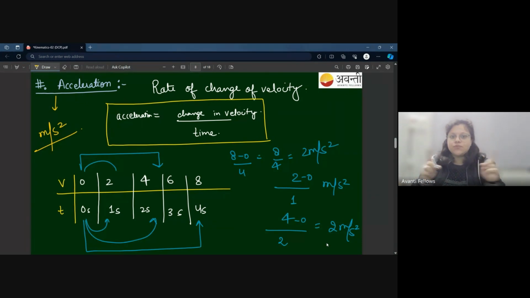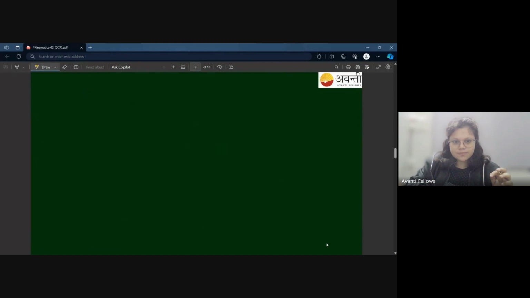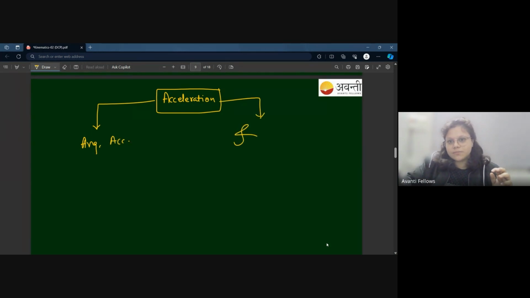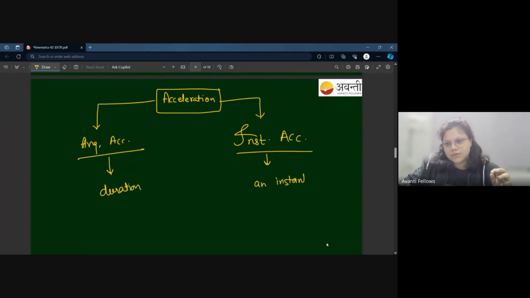Again, acceleration is of two types, average acceleration and instantaneous acceleration. You know what average acceleration and instantaneous acceleration are, because I told you about the average and instantaneous concept. I'm not going to invest much more time in this discussion because I have done it a number of times. Average acceleration is whenever you have a duration, and when I'm talking about an instant, it lies under instantaneous.